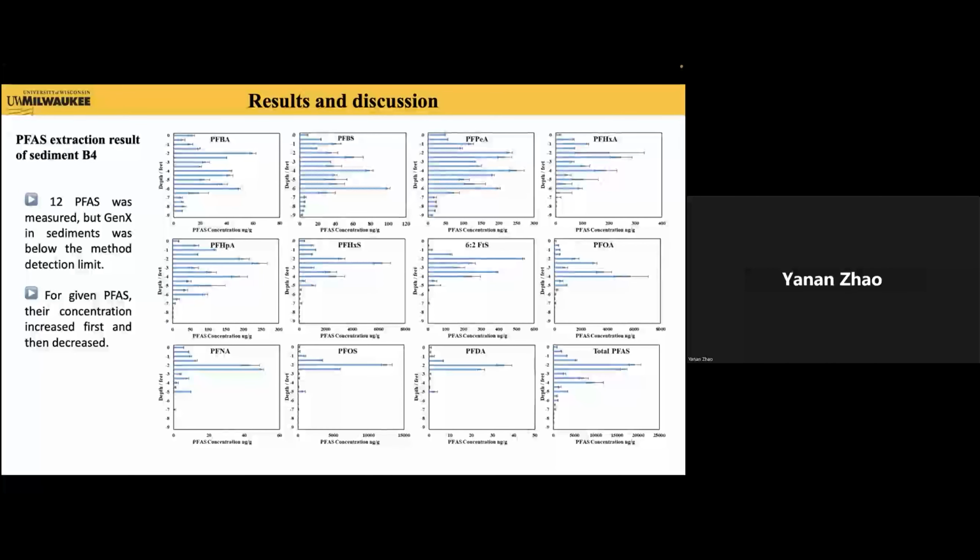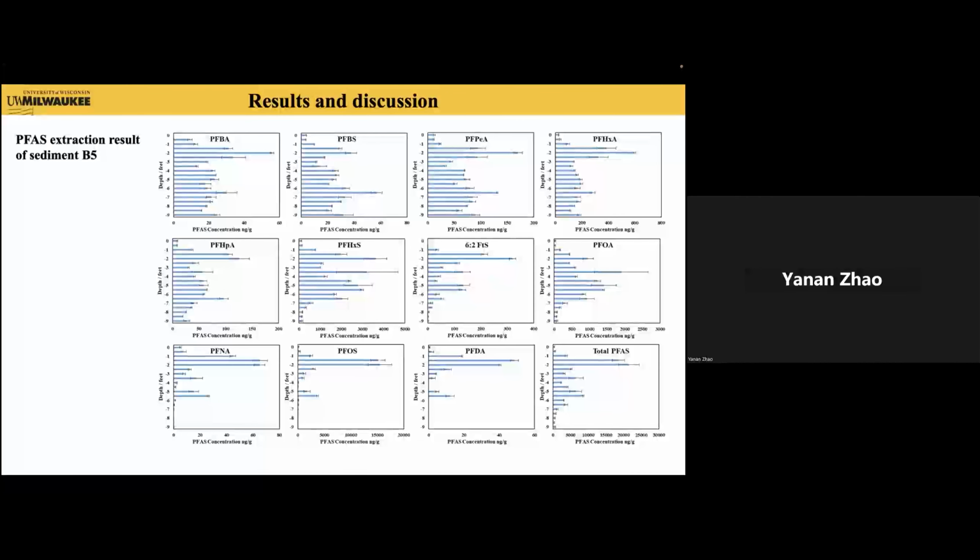The short-chain PFAS peaks are shown at a deep layer. In the deep layer, like 7 to 9 feet, the long-chain PFAS concentration was super low. And that shows on both sides, also on this side.